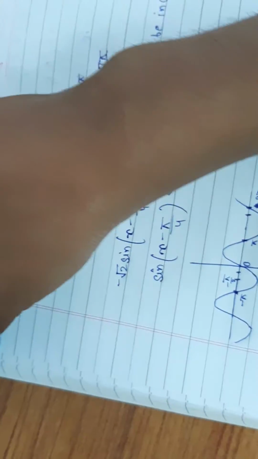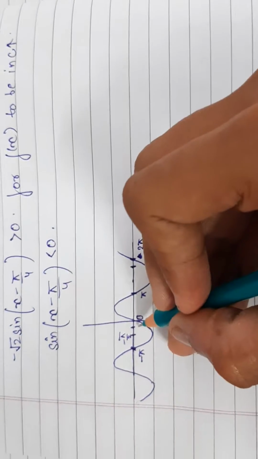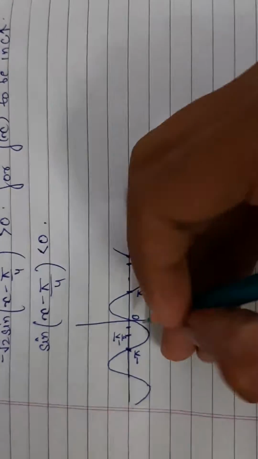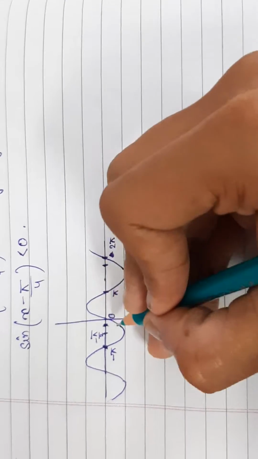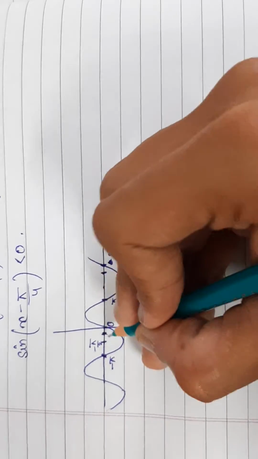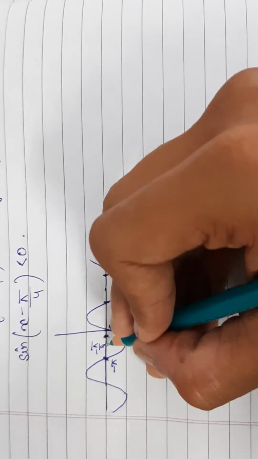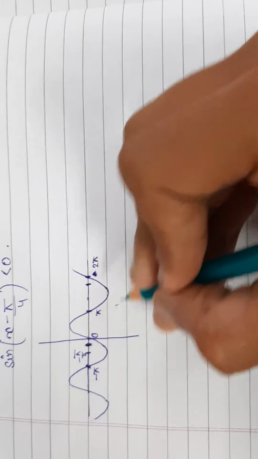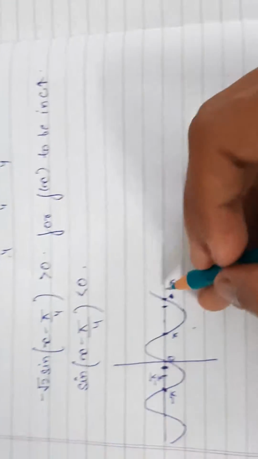So where is minus pi by 4 in the sine graph? It is over here. How did we locate it? Here is 0, here is minus pi by 2, and in between the two it is minus pi by 4. And where is 7 pi by 4 basically?